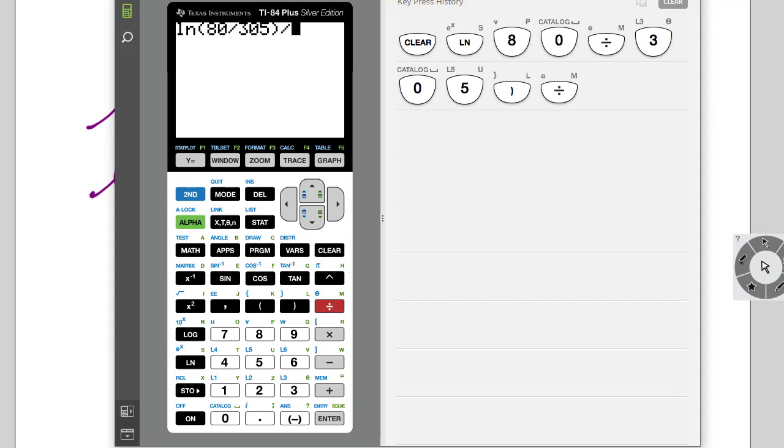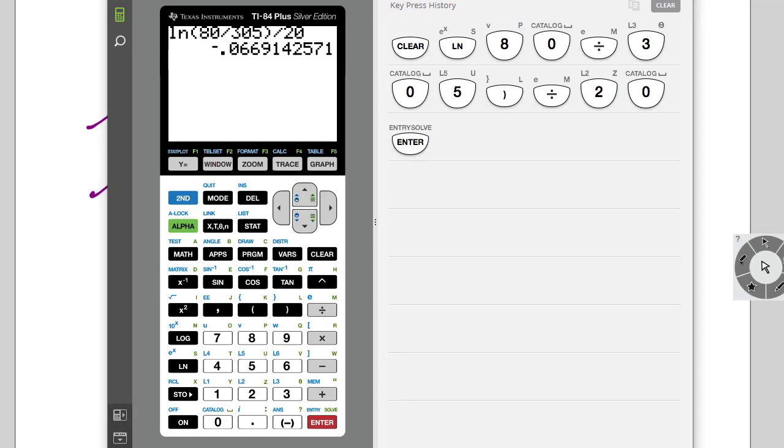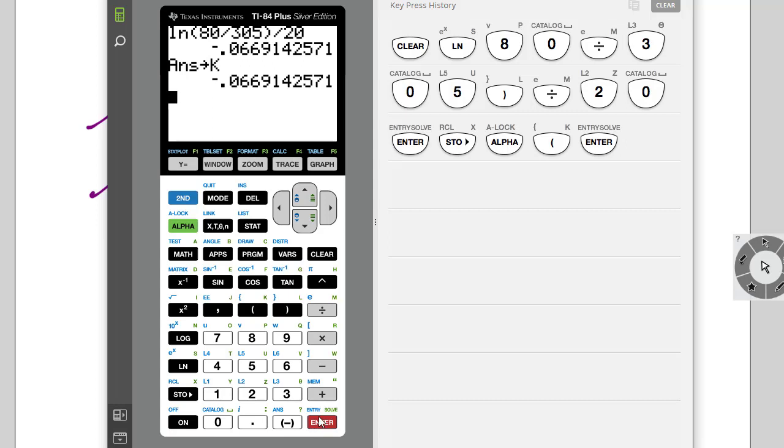And then we're going to divide that by 20. And I get k is equal to negative 0.066914. Okay, I'm going to store that in my calculator by hitting the store key and alpha, and you can use any variable, but variable k is on the left parenthesis. Enter. Okay, now we've got it stored with all of the bits and pieces.